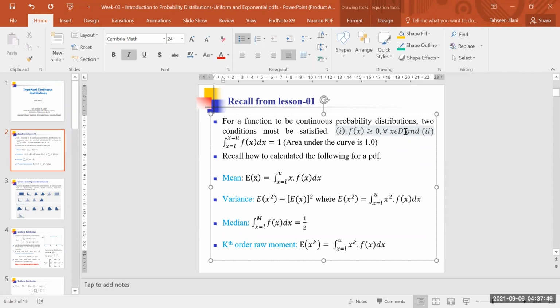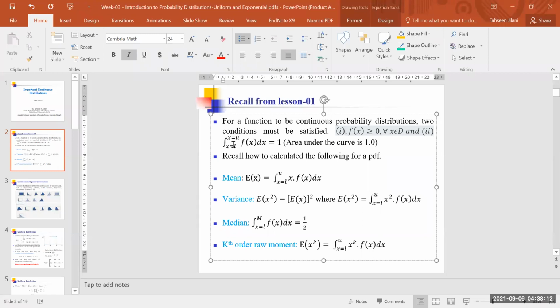Then the second condition: if you integrate the function from the lower limit of x to the highest limit of x, for example, maybe you will study some function where the limit is minus infinity to plus infinity. In lesson 1 or lesson 2, there was a function that had limit 0 to infinity.